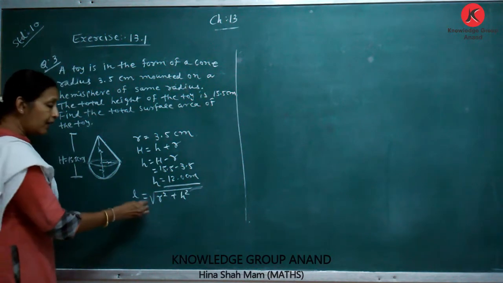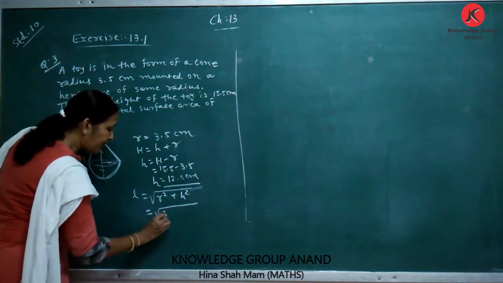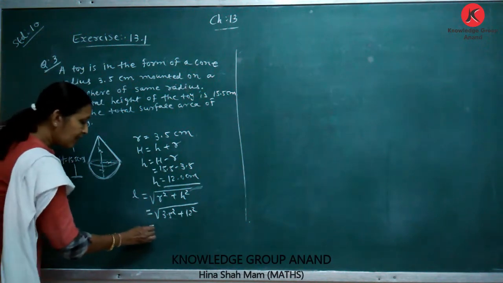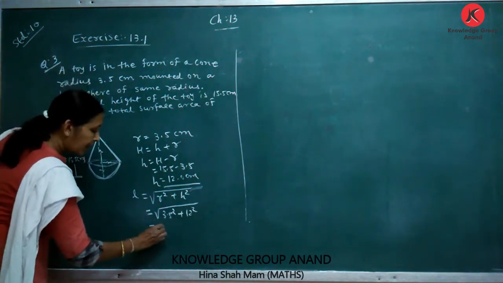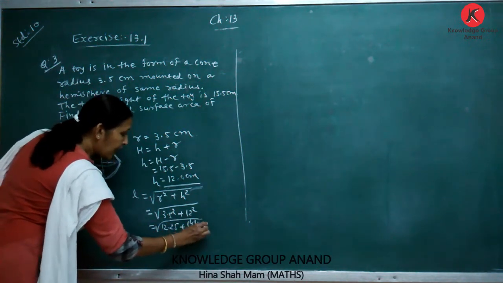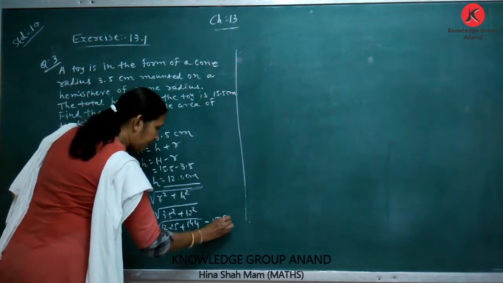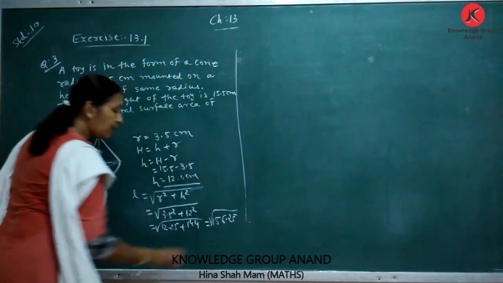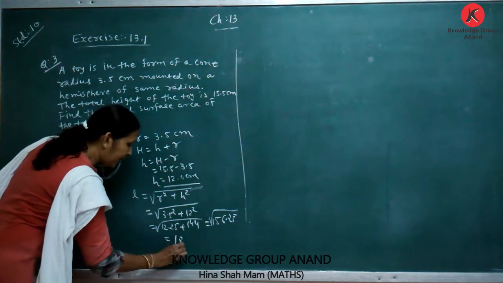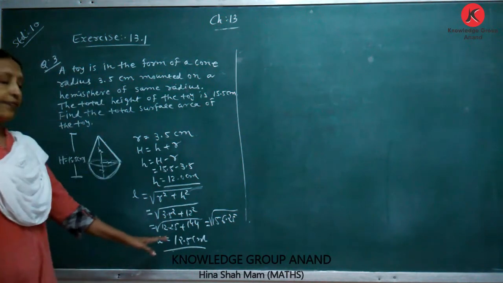We use this formula for finding L. R square is 3.5 square plus h square is 12 square, which is 12.25 plus 144. The sum of this is 156.25. Square root of 156.25 is 12.5 centimeter. So L is equal to 12.5 centimeter.